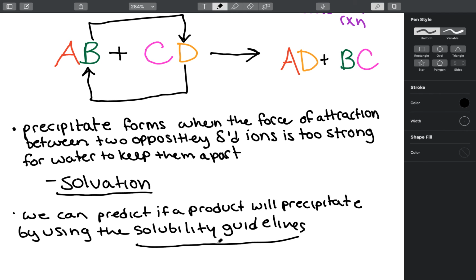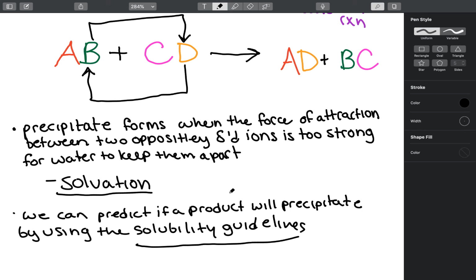I'm sure you're all familiar with the solubility guidelines. It's basically a table that tells you which combinations of cations and anions will produce soluble and insoluble products. So you can use this table in order to predict which products will be insoluble or soluble.